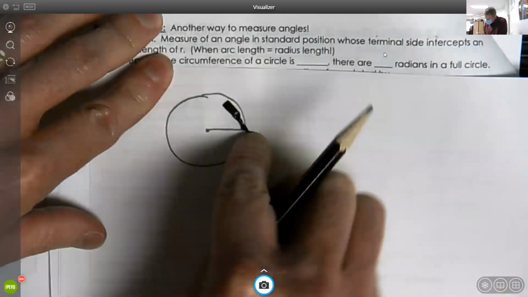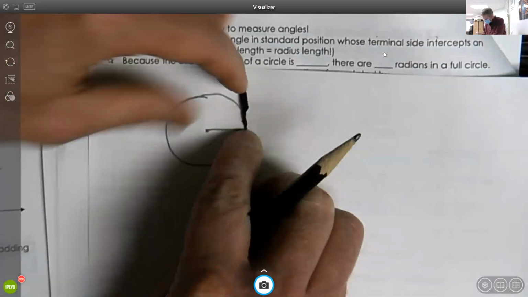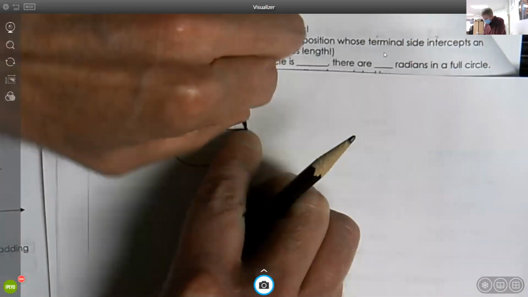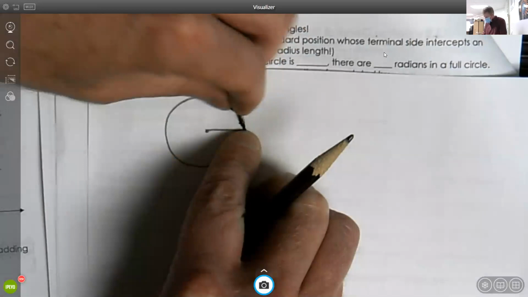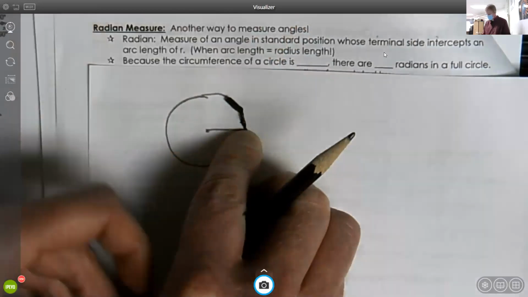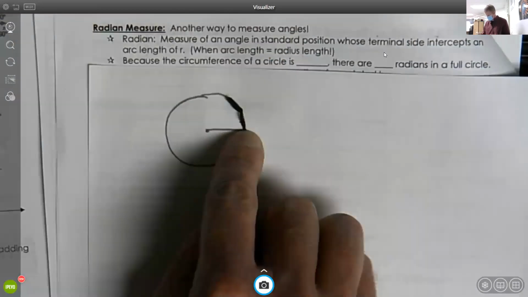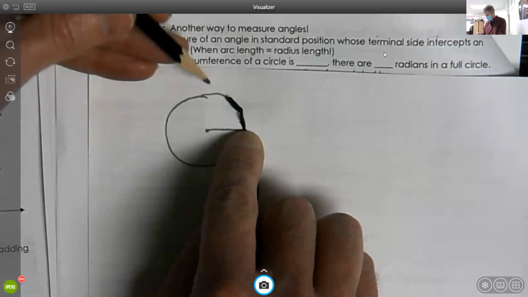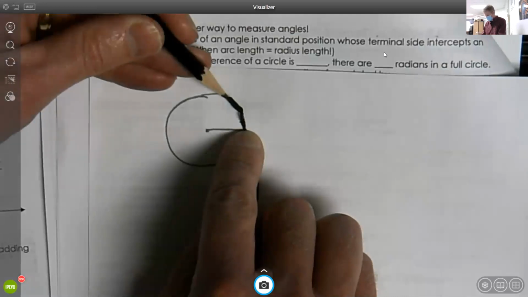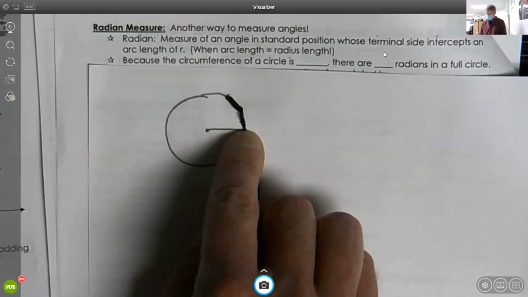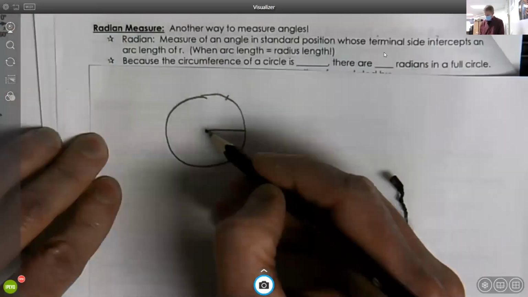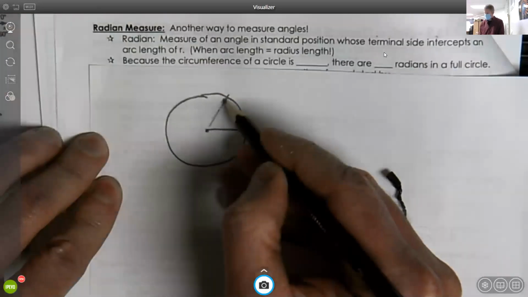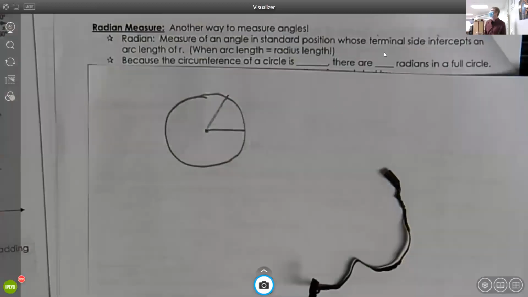I'm going to measure that distance along the circle is about right there. All right, that's not awesome, but that kind of works. Gives you the idea of what's happening. So that would be considered 1 radian. Not 1 degree, 1 radian.